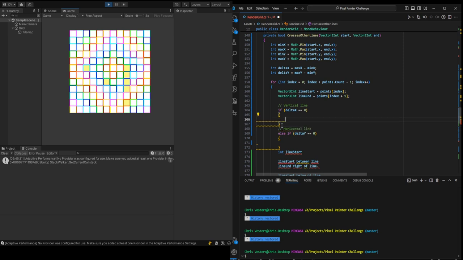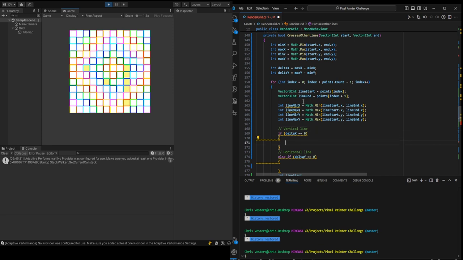So in the case of a vertical line, I just have to check whether we are left and right of it. So I have to say int line min x, max x.